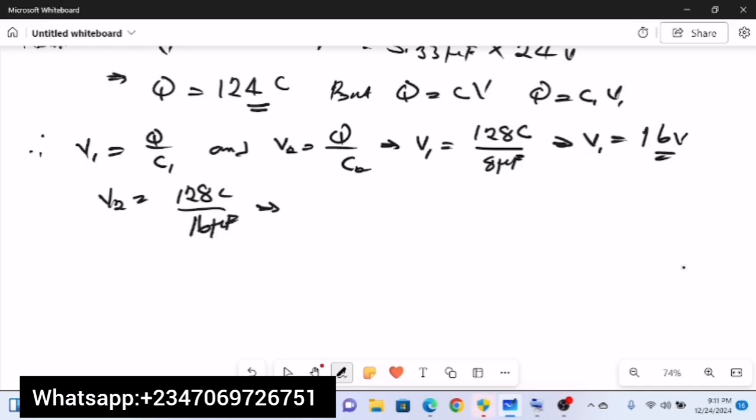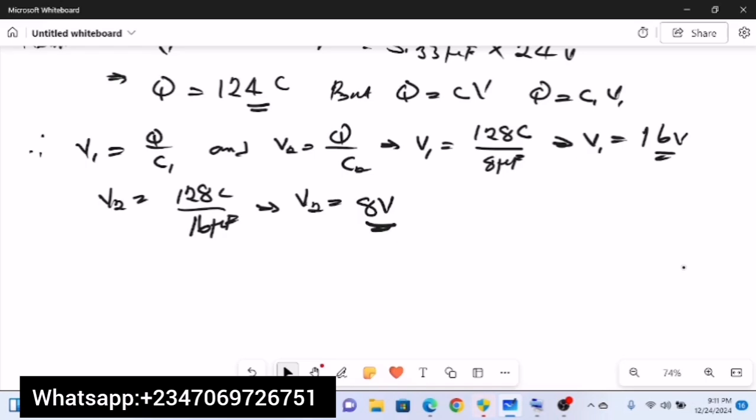So 128 divided by 16 will simply give us 8 volts. For the 16 microfarad capacitor, the voltage across it is 8 volts, and for the 8 microfarad capacitor, the voltage across it is 16 volts.